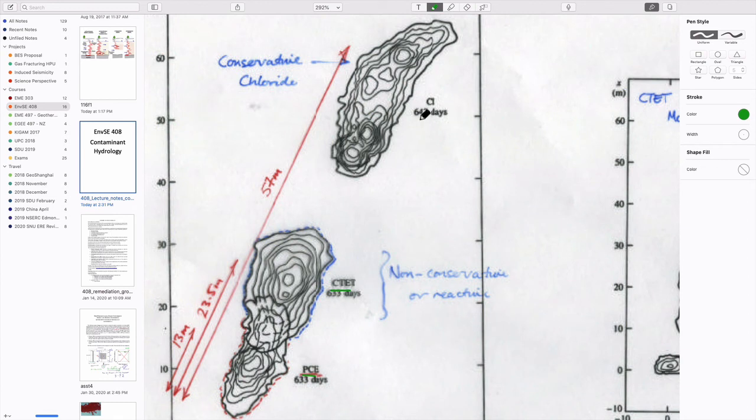And so what we could do is we could look at the advective velocity is equal to length over time. Okay, so this is for the unretarded one. This is for the retarded one.